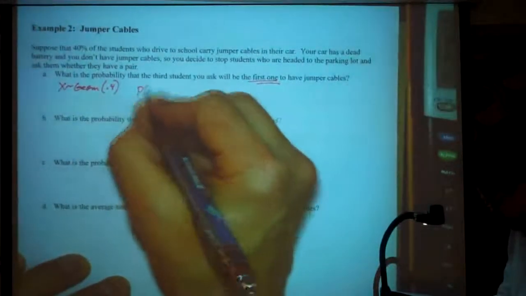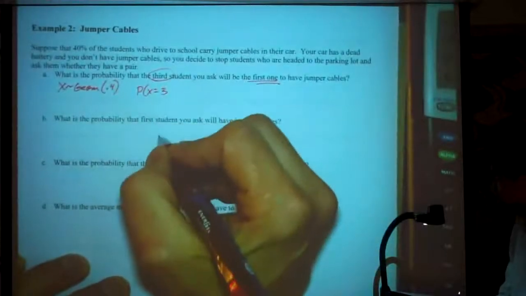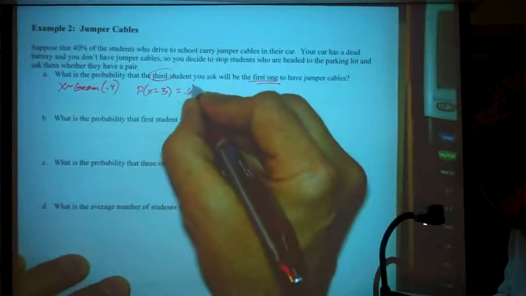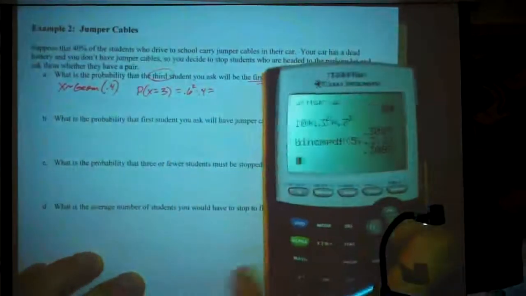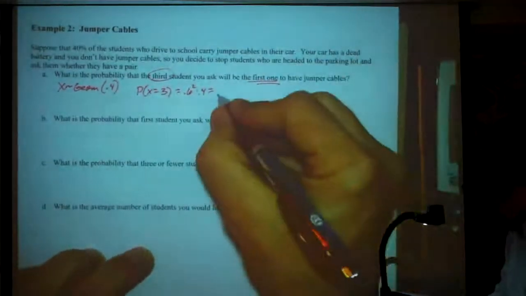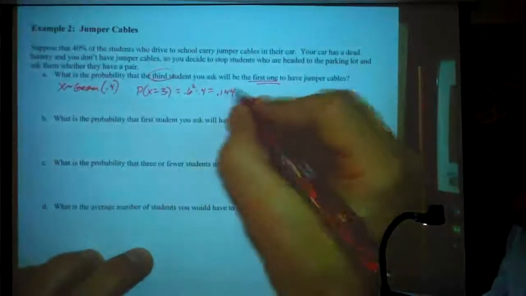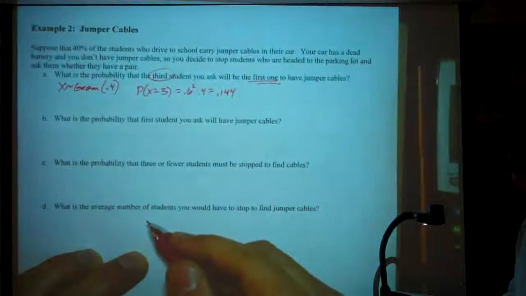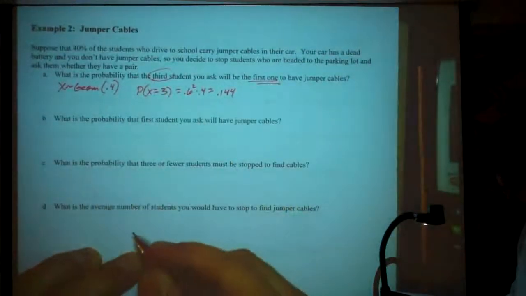And the probability that x equals 3 is going to be 0.6 squared times 0.4, which is, do that in my head, 0.144. Okay? So there's a 14.4% chance that the first person with jumper cables will be the third student that I ask.